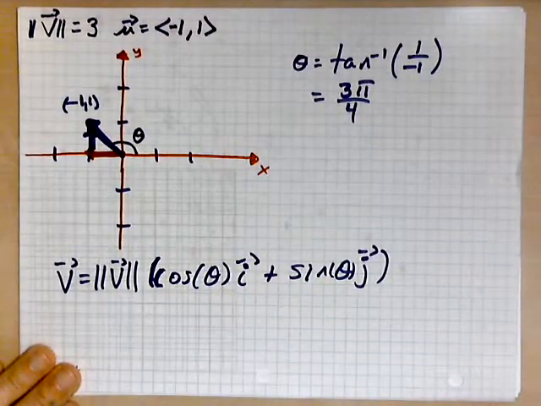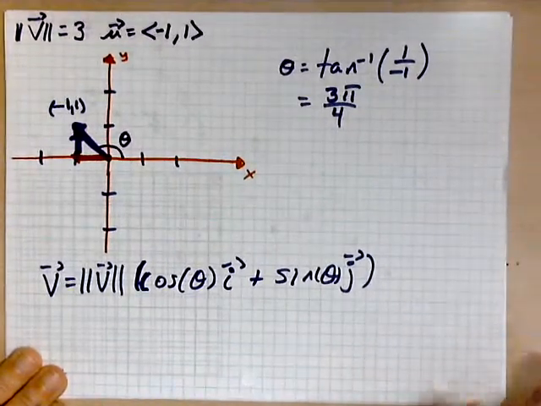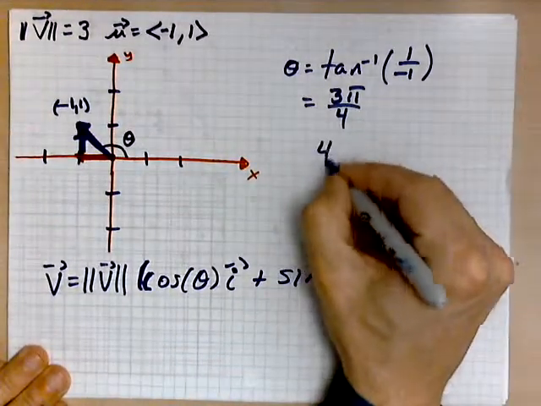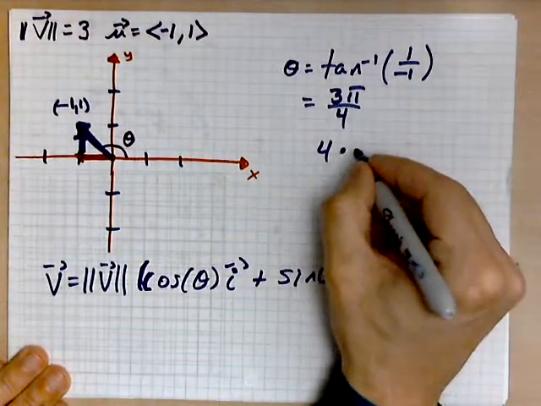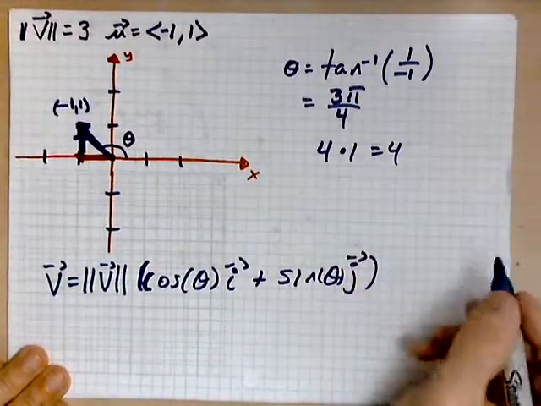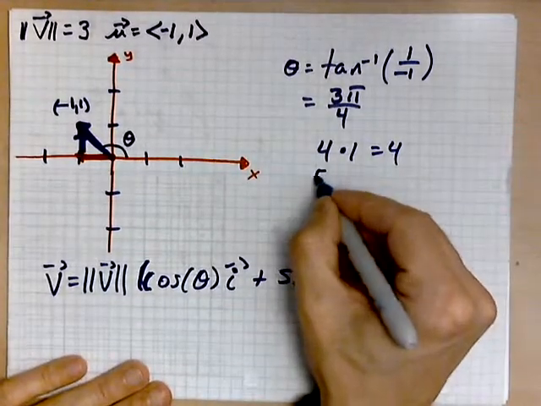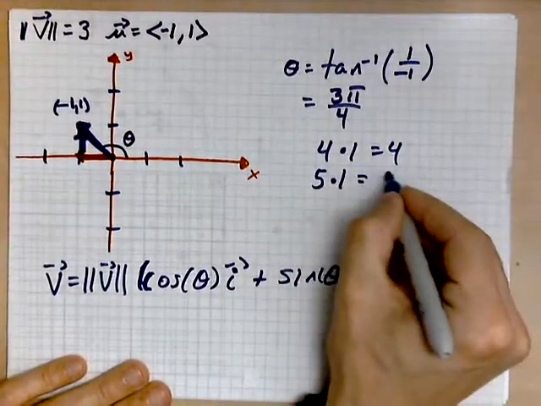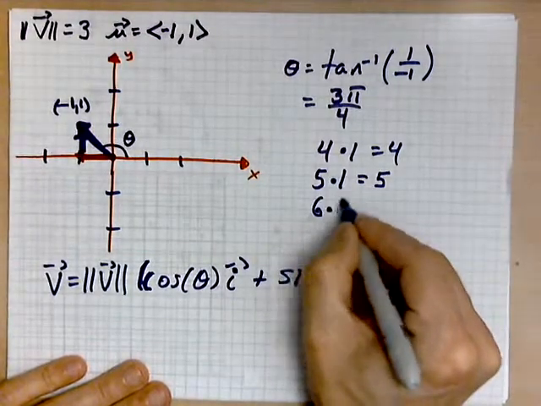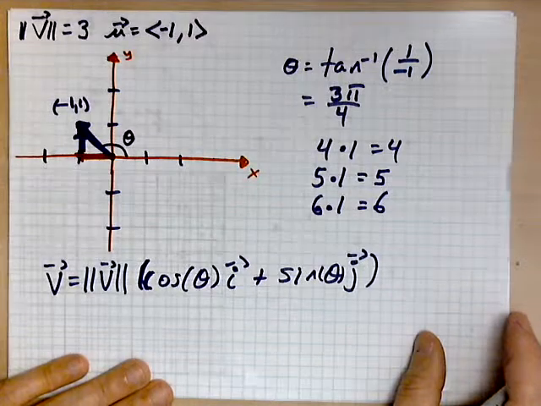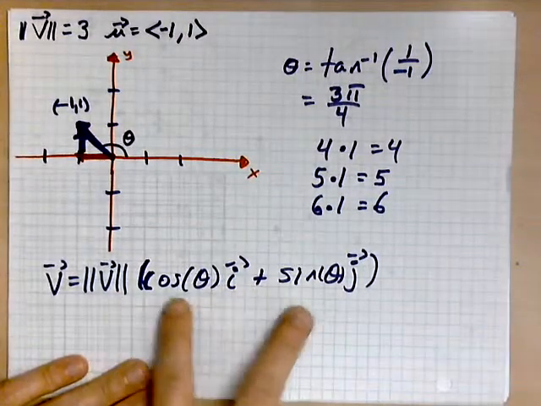In other words, what it's saying is this. For the sake of simplicity, say you have your number 4. If you multiply 4 by 1, what do you get back? You get 4 back. If you have 5 and you multiply by 1, you still get 5 back. If you get 6 and you multiply by 1, you still get 6 back. So the same principle applies here.